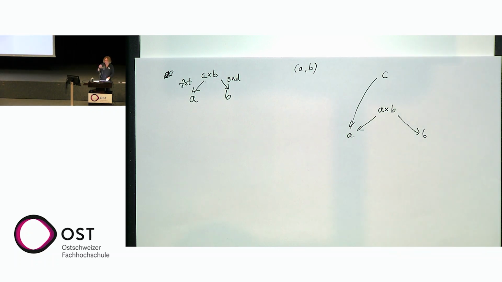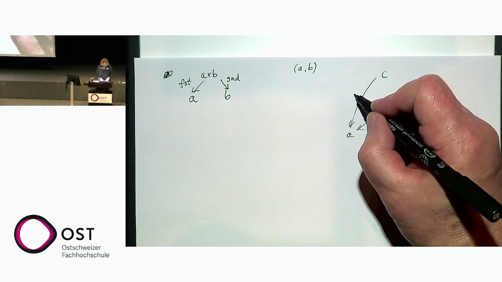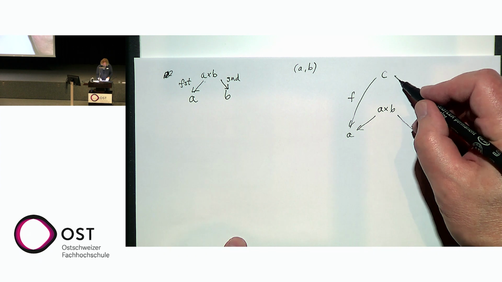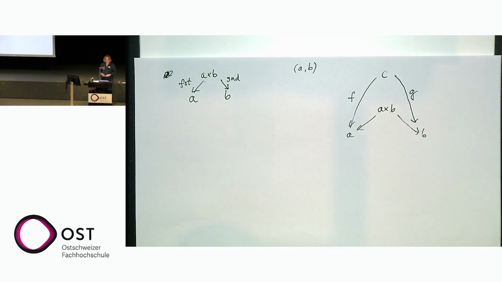I will sometimes use the term morphism for an arrow, it's just what mathematicians call it. So it has an arrow from C to A, let's call it F, and an arrow from C to B, call it G.